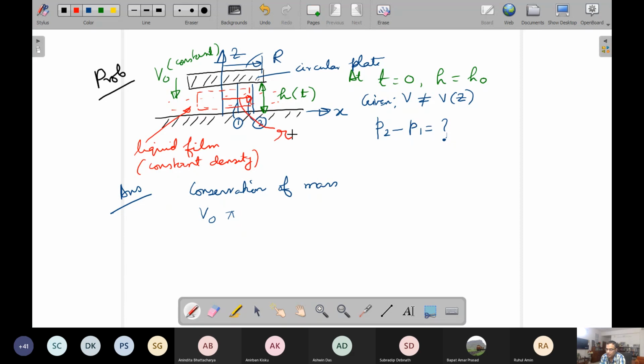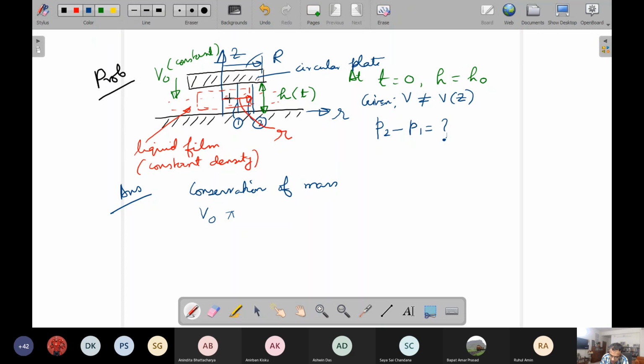Small r is a local radius, capital R is the total radius of this plate. So small r is like x, but because it is a cylindrical system, instead of x, it is better to describe it as r. So we will replace this x with r, because it is not a rectangular system but a cylindrical system. Conceptually it doesn't matter, but in terms of coordinate system based implementation, it matters.